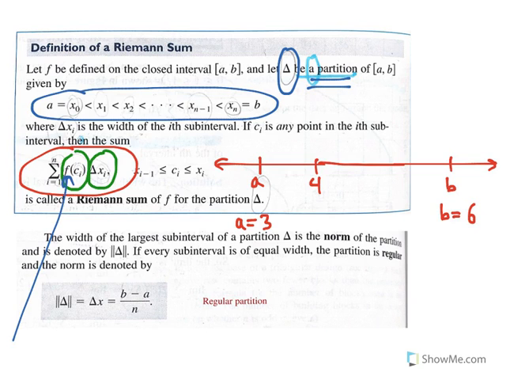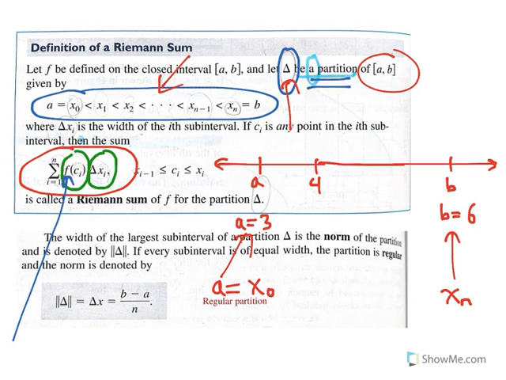So this symbol here, which we can read as delta, represents a partition of the closed interval from a to b, given, as you see here. This is just a general way of expressing what I stated in words, that you can divide your interval from a to b any way you'd like. However you divide it, a, which is the left endpoint of your interval, will be denoted by x naught, and b, which is the right endpoint of your interval, will be denoted by x sub n.